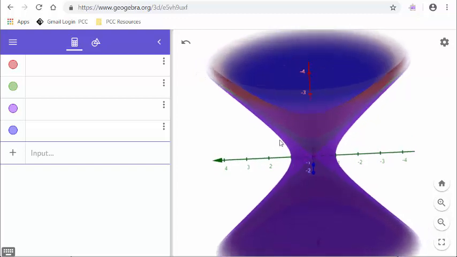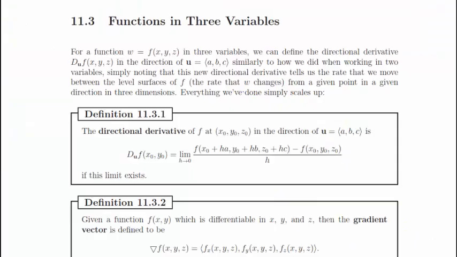But if I'm moving at a right angle to this surface, then I'm moving towards greatest change in the outputs. So I hope that helps clear up what we're talking about. In practice, when we're trying to find the gradient vectors and the rates of change of w, how quickly the outputs are changing as we move in a certain 3-dimensional direction, we can do all of this in the same way that we were just doing it, but scaled up.